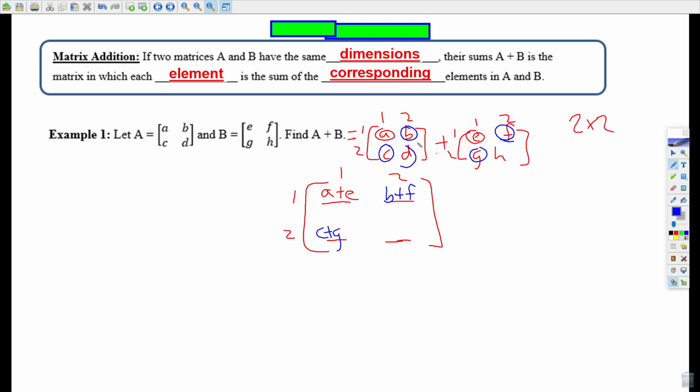And the last one is d plus h. The output we get when we add them together is also another 2 by 2 matrix. So the dimensions don't change, and they have to be the same from the beginning. Otherwise, you cannot add them together. It's not possible if that's the case. So make sure you check whether they're the same dimensions, and then you can add them together.